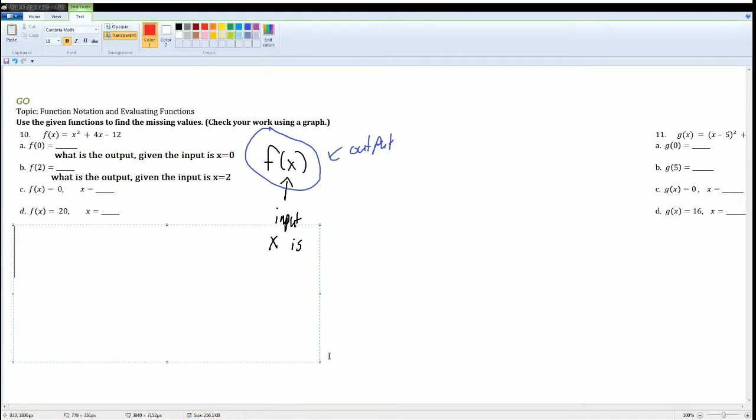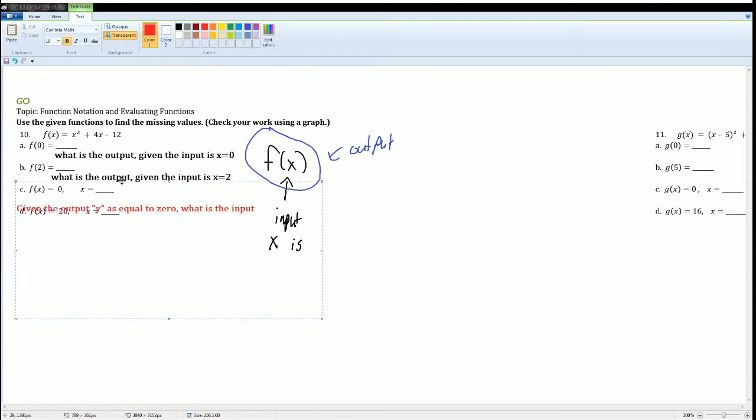So here they said given the output, or if you want to think about this as your y, equals 0, what is the input?